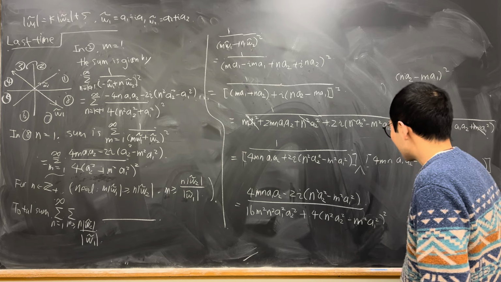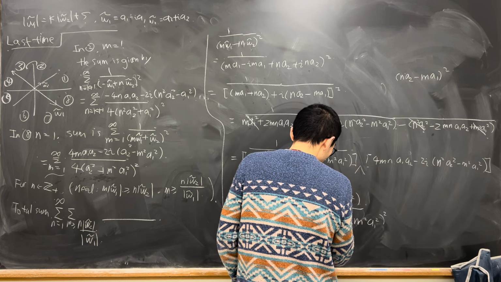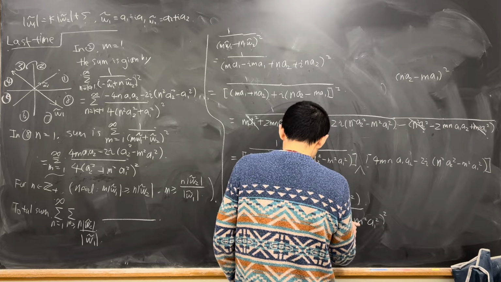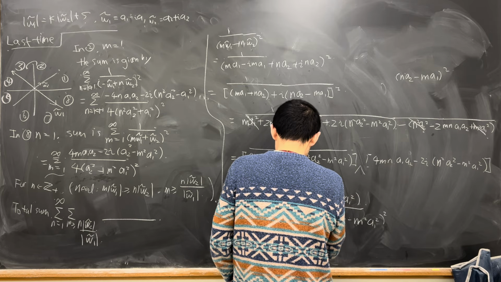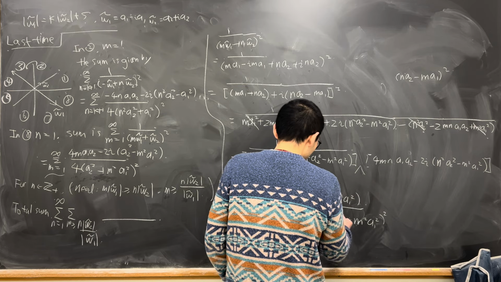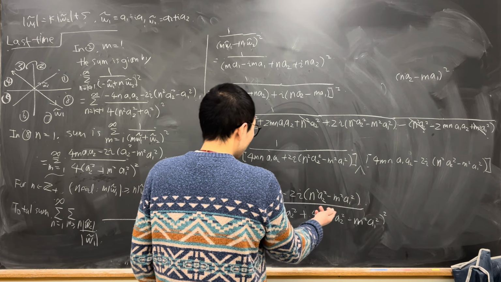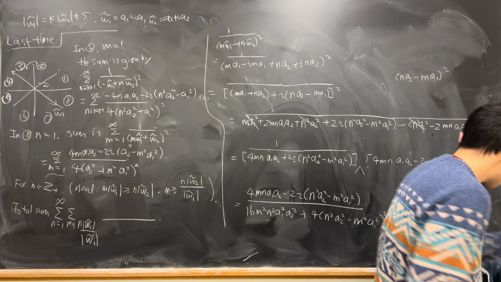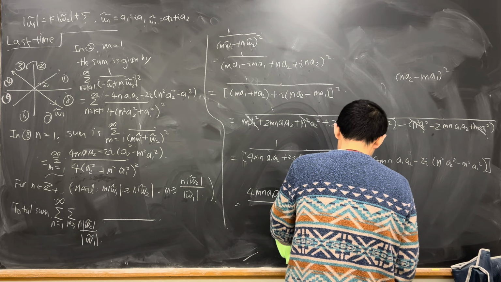So again, if you expand this out, you will get a net minus 2 m squared n squared A1 squared A2 squared term, times 4, which is 8. So this will be cancelled out with 8 copies of that guy. So we can safely just make it a plus here.